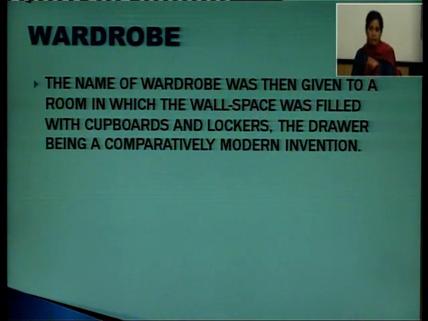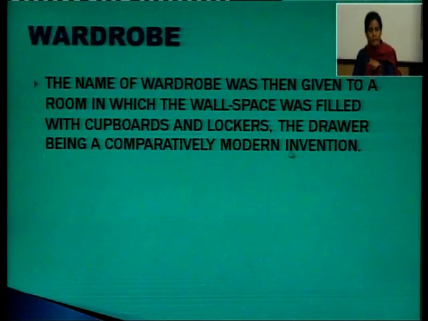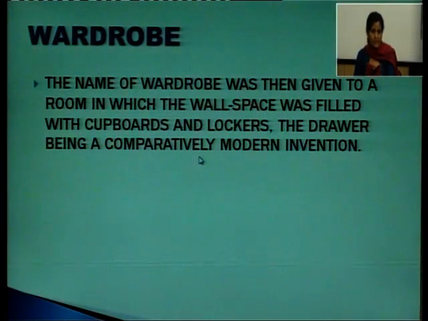The name of wardrobe was then given to a room in which the wall space was filled with cupboards and lockers, the drawers being a comparatively modern invention. Means wall to wall space is covered in case of wardrobe, and in case of cupboard it can be freestanding unit or it can be wall to wall.